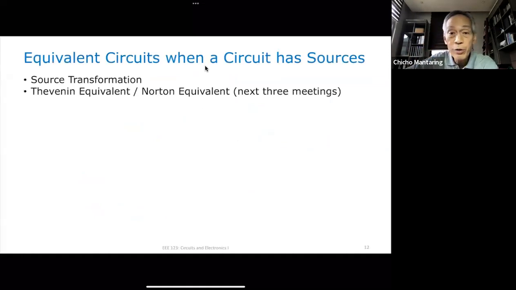Okay, if there are no questions, I'll move on to the next topic. Equivalent circuits when a circuit has sources. Okay.